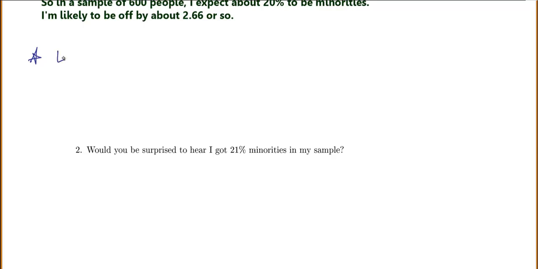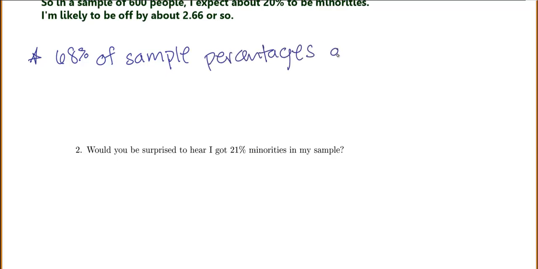So you're likely, or 68% of sample percentages are within the expected value of the percent plus or minus 1 times the standard error of the percent.